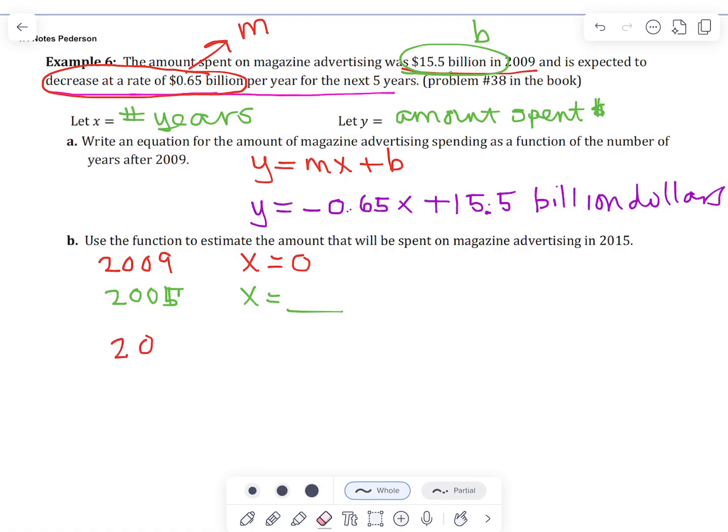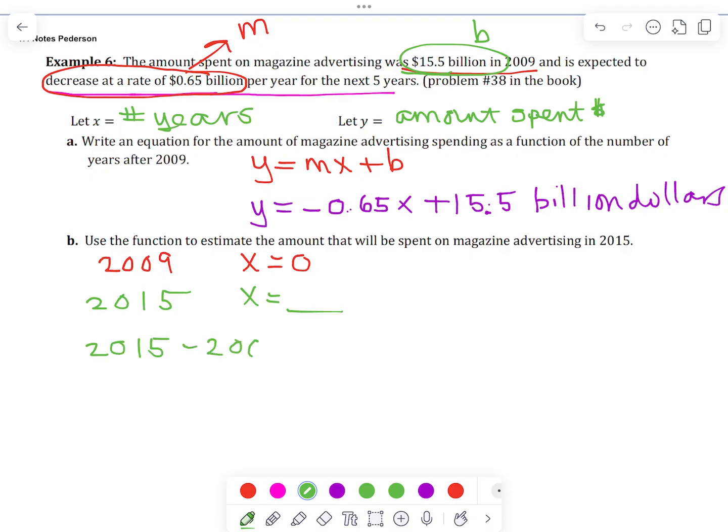You just take 2015 minus 2009, and that equals 6. So we have 6 years that have gone by, and we let x equal 6 in that function.